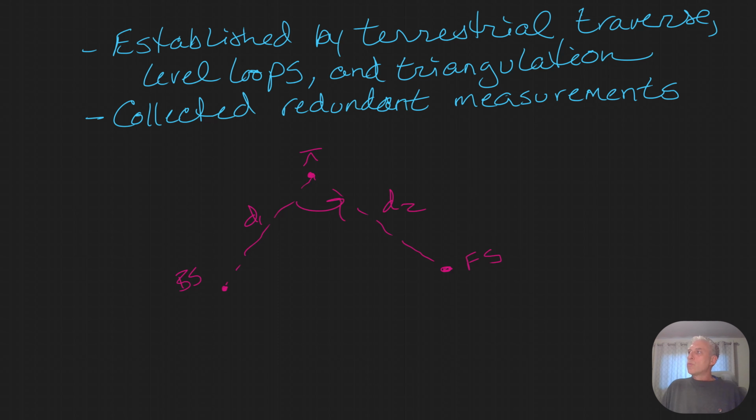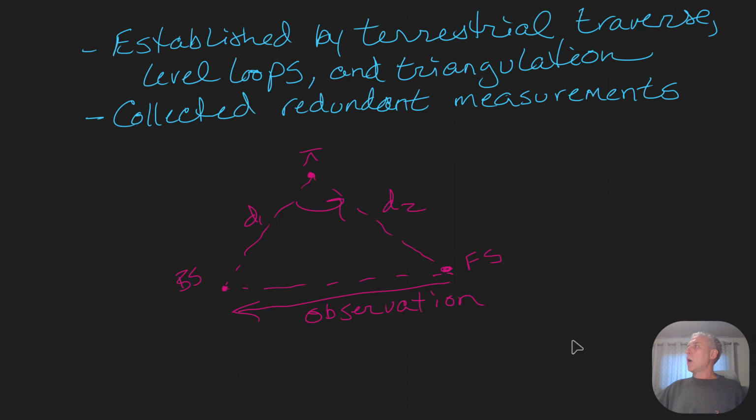Well, I can actually calculate the distance here from just my observations of D1, the interior angle, and D2. That is the side-angle-side, which renders a unique triangle. So we can actually compute that third side. But let's say we measure that, we collect an observation, then now our network has a redundancy of 1. We've actually measured something that we could have otherwise just calculated. So that's what redundancy is.